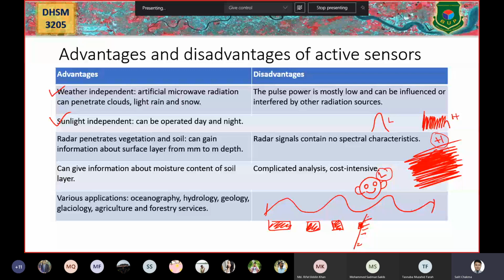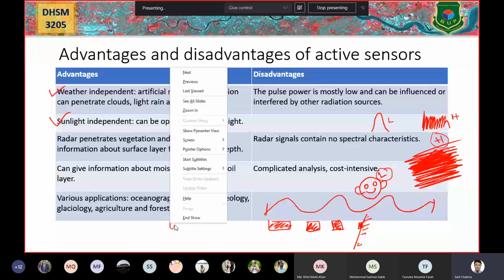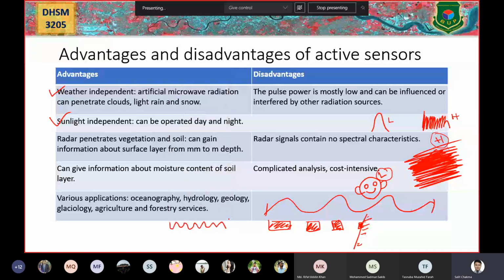However, as for the wavelength, when the light is coming in this wavelength form, let's say this is the line that comes to the surface. You see the waves are quite small, right?